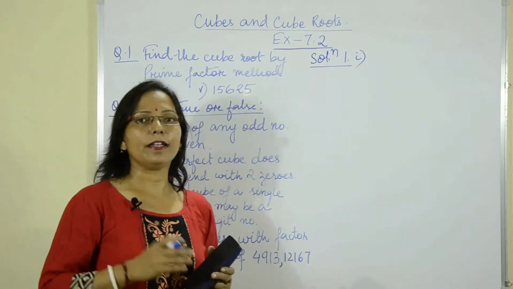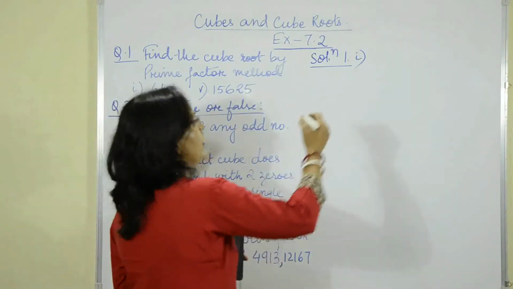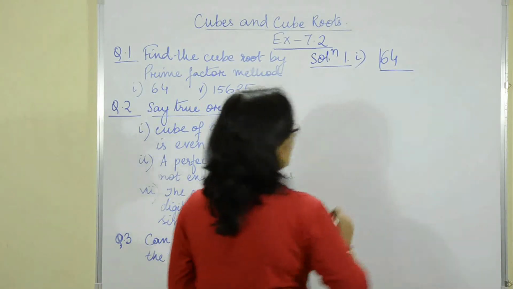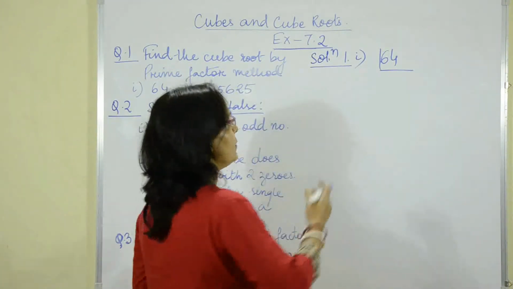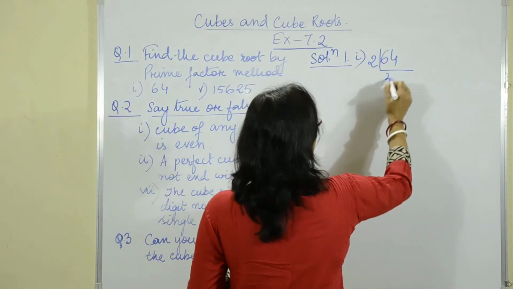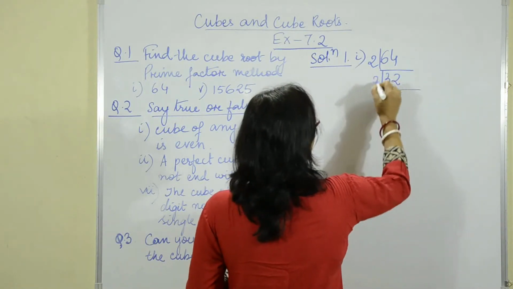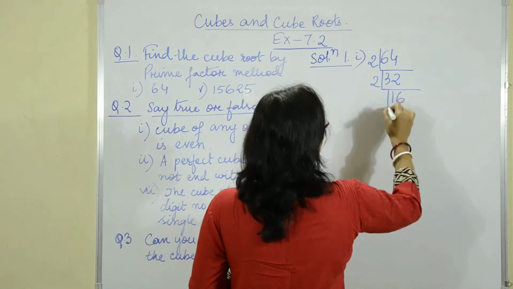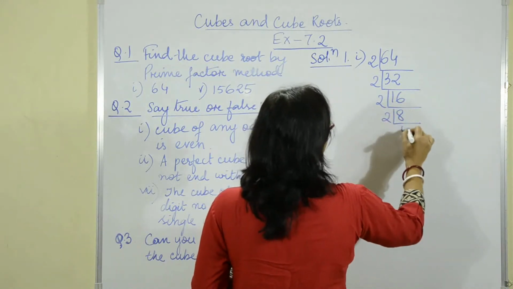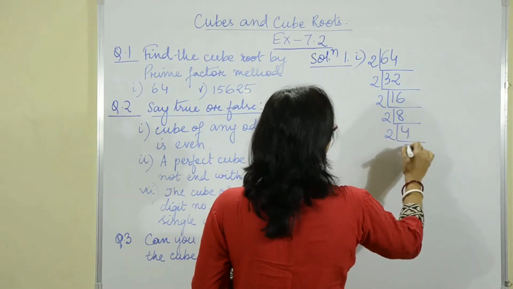I have to find the cube root of 64, and I will go by the prime factorization method, as it is being said. It is as simple as that. 2 times 32, then 2 times 16, 2 times 8, 2 times 4, and then another 2.